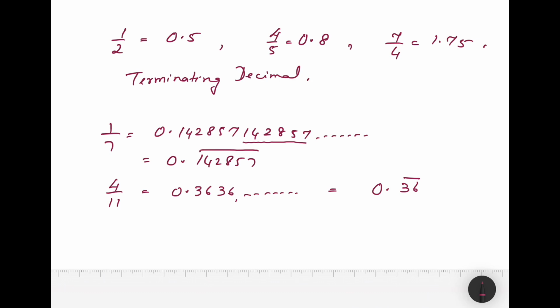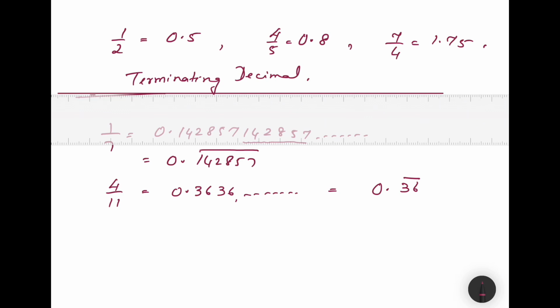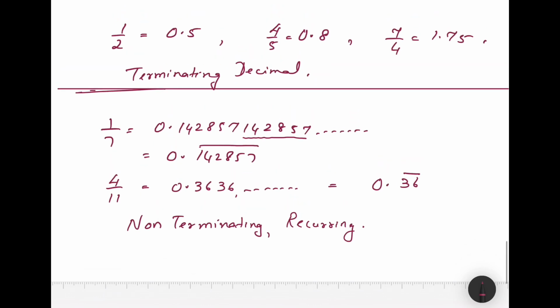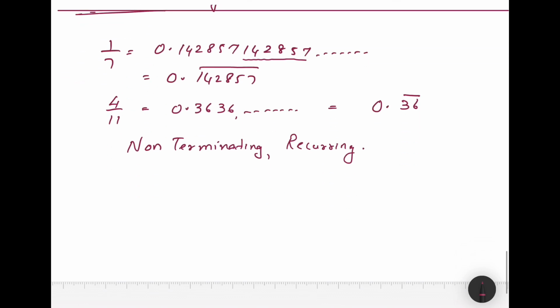So here in these two examples, they are non-terminating but recurring. You have something like this, 11 by 6.